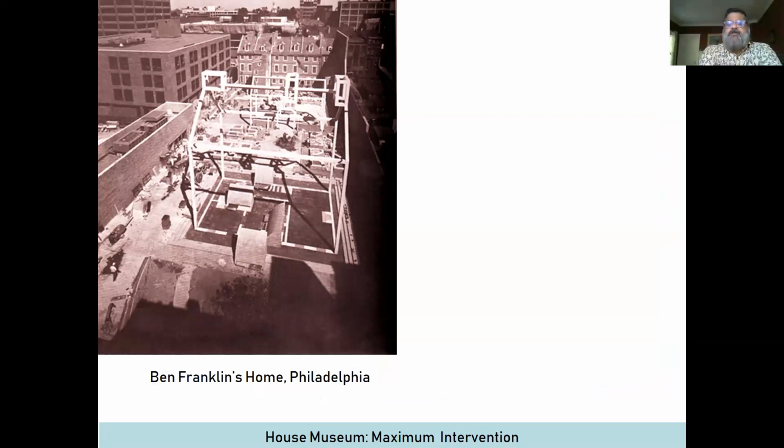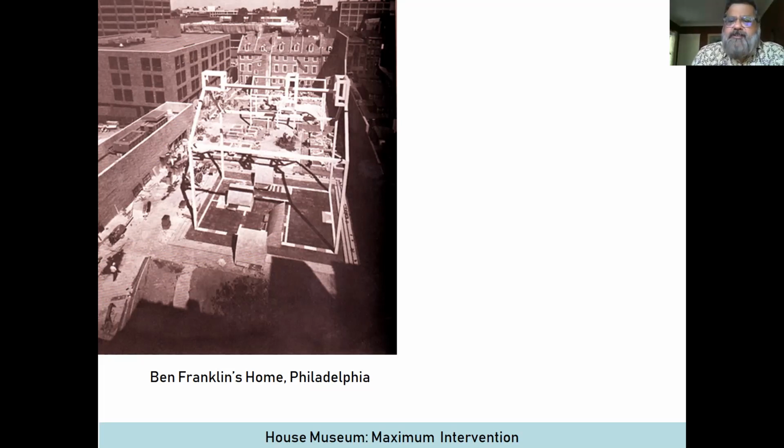So what you see here is the site of Ben Franklin's house in Philadelphia. Ben Franklin, as you know, was an inventor, and during the bicentennial celebration of the United States in 1976, and because Philadelphia was the center of the independence movement, the city wanted to honor Ben Franklin.